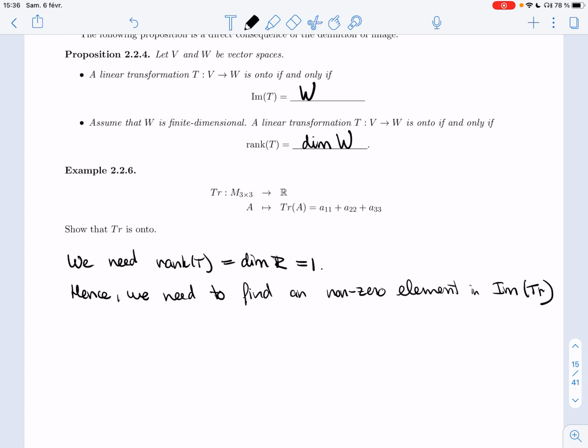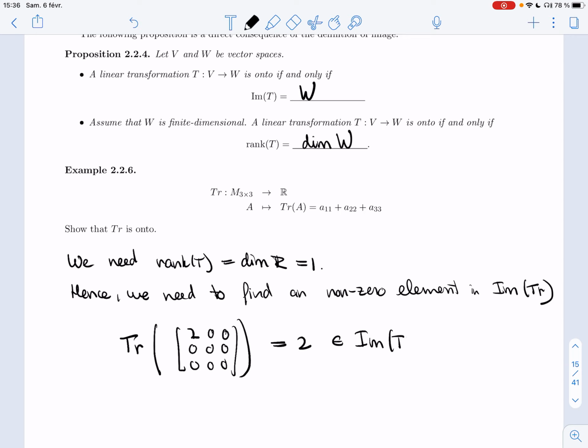So let's see. I'm going to look at the trace applied to 1 and then a bunch of zeros. Actually, let me put 2, just because I don't want to look like I'm doing this one. That is equal to 2. So 2 is in the image of trace.